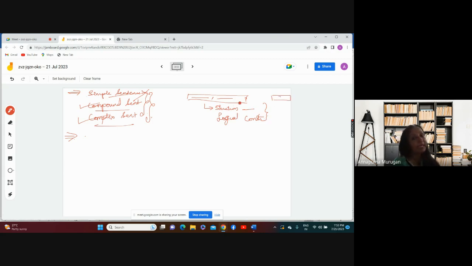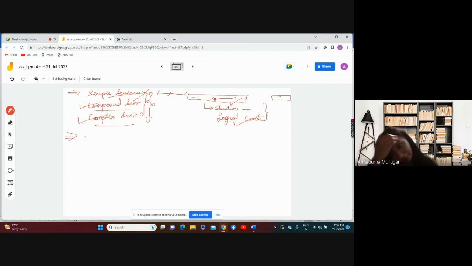So in the main test, we see the structure also and logical connection also. Structure in the sense, every sentence we see minutely. We see whether each and every sentence is properly built or not. So to check each sentence, first we try to see whether we have a subject and verb.